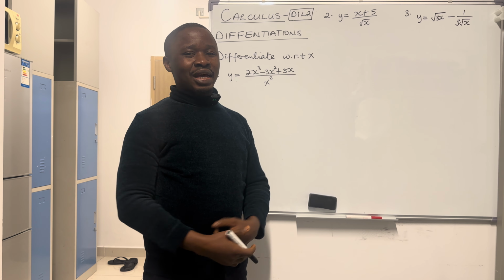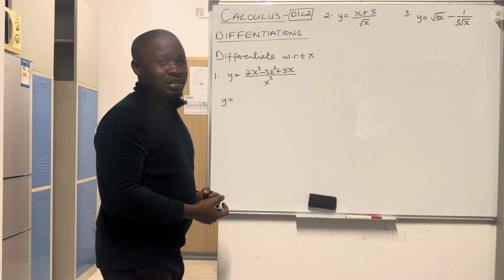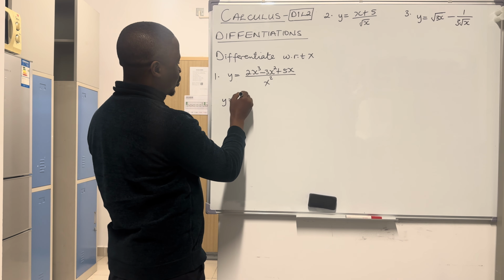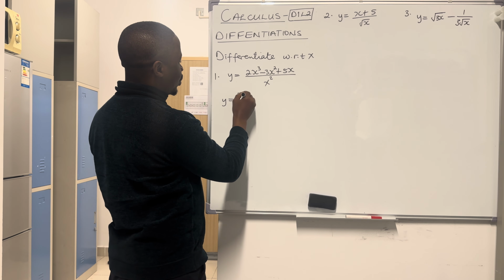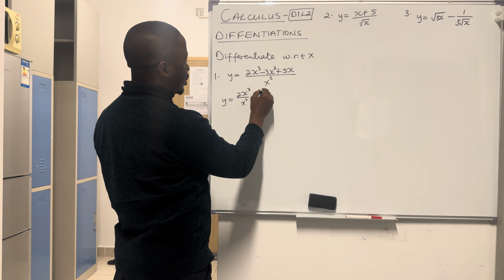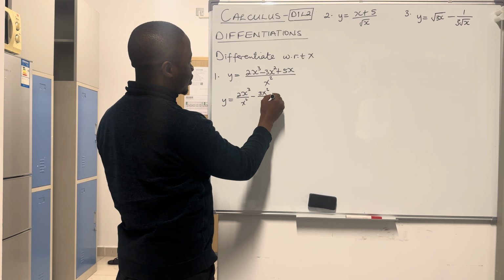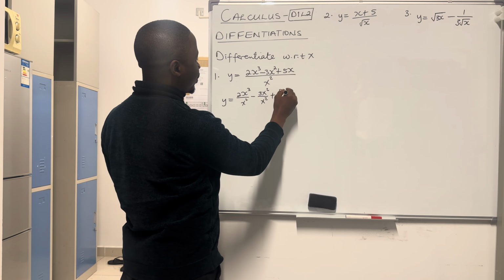To avoid the quotient rule, we start by saying y is equal to every term here divided by x squared. So we say 2x cubed over x squared minus 3x squared over x squared plus 5x over x squared.